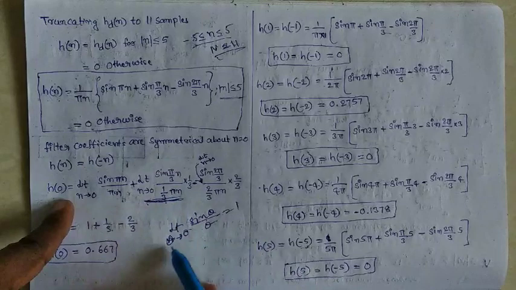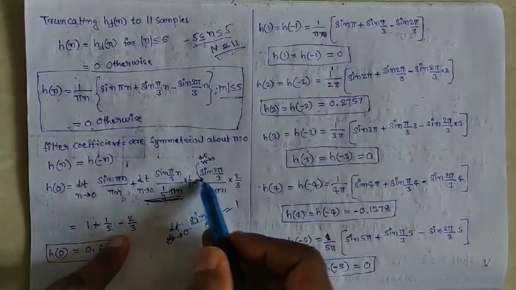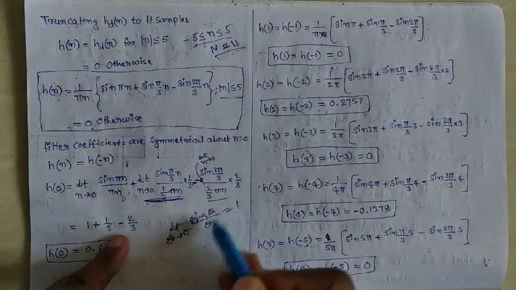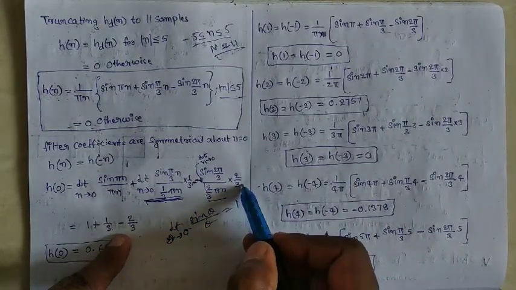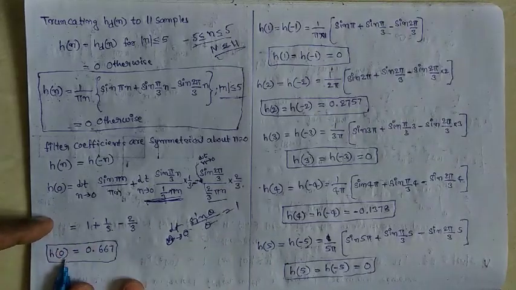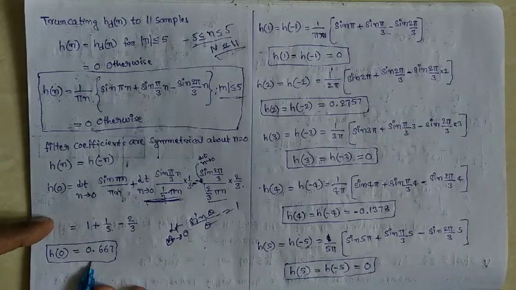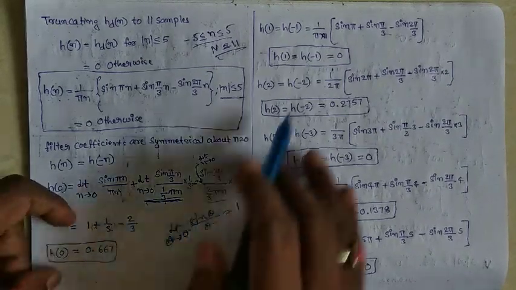This is of a similar form: 1 into 1 by 3, minus, this is also a similar form, 1 into 2 by 3. So 1 plus 1 by 3 minus 2 by 3, whose value is 0.667. H of 0 is equal to 0.667.